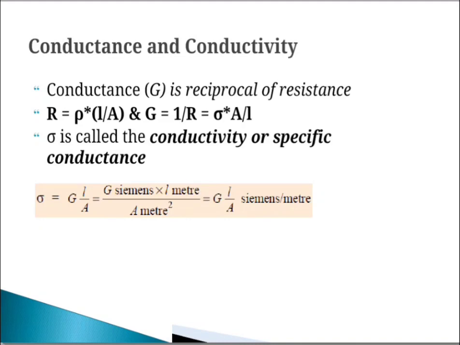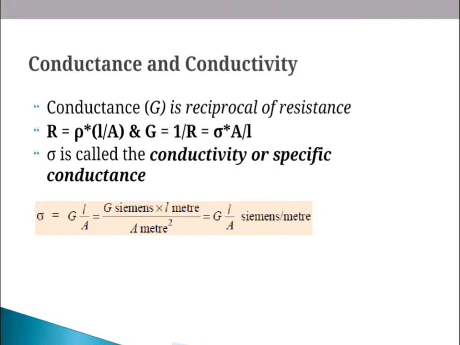Conductance helps the flow of current, but resistance is opposite to the flow of current.